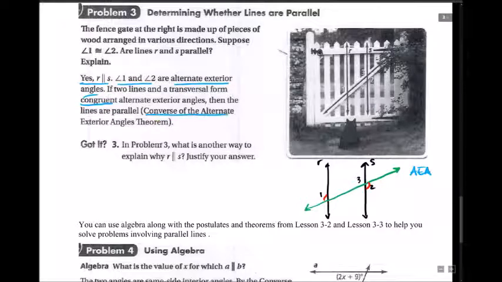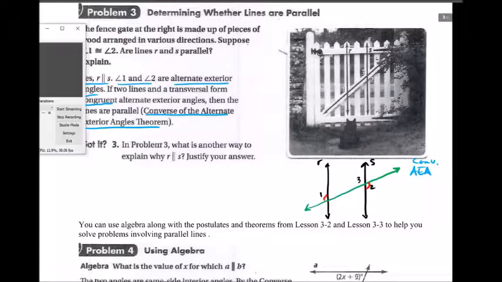And so by the converse of the alternate exterior angles theorem, I can say that line R is parallel to S. So we can even write in converse there. All right. Go ahead and pause the video and see if you can do problem 3.